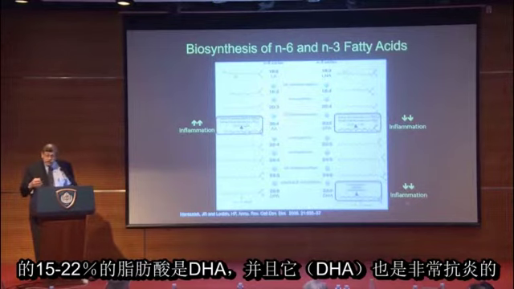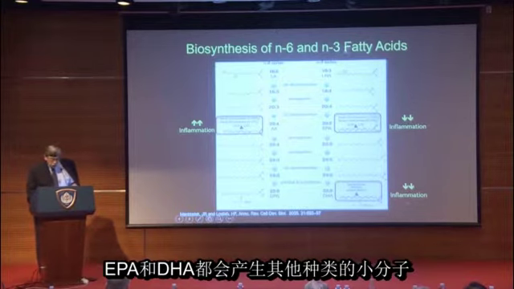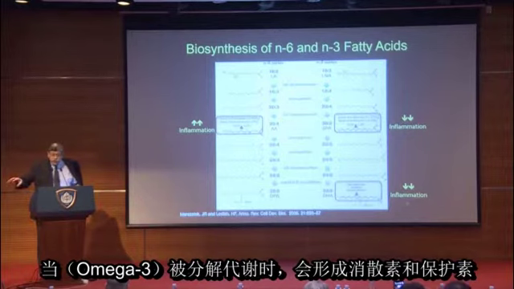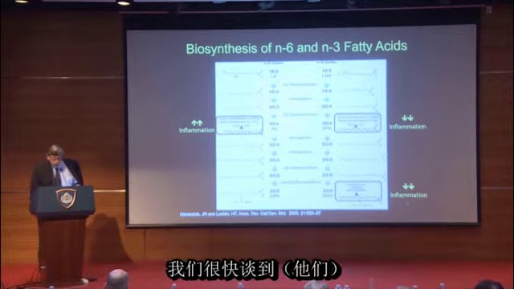But in addition, it's also very anti-inflammatory, as we'll see, and does a number of things to prevent cell death. Both the EPA and DHA produce other kinds of smaller molecules when they're catabolized, which are called resolvins and protectins, which are also very effective in protecting against inflammation, apoptosis, and a number of diseases, and we'll talk about them soon.